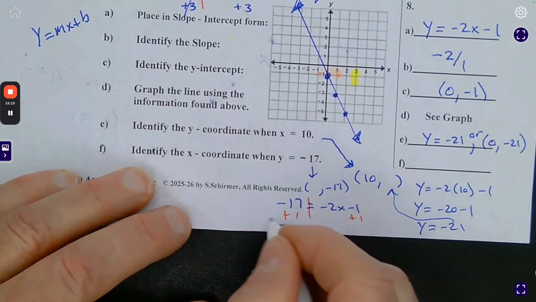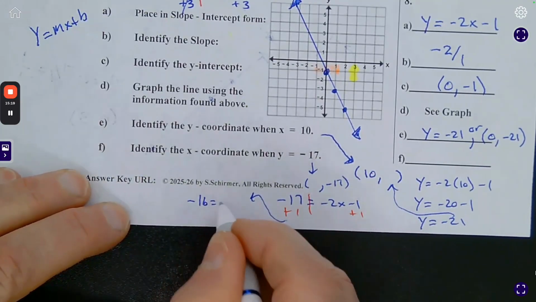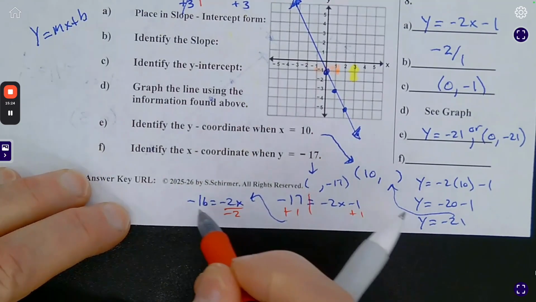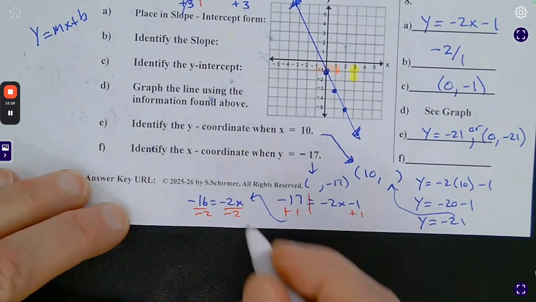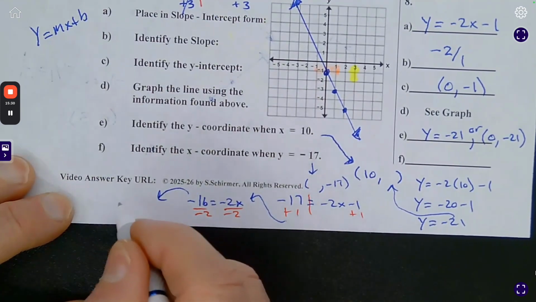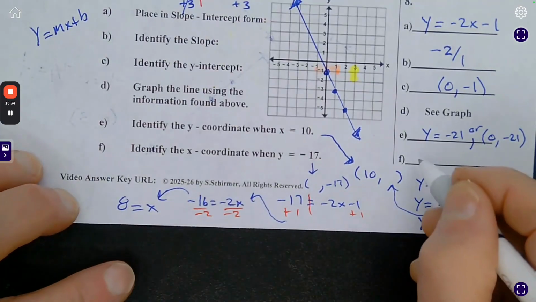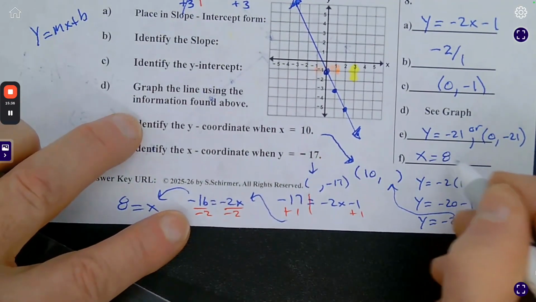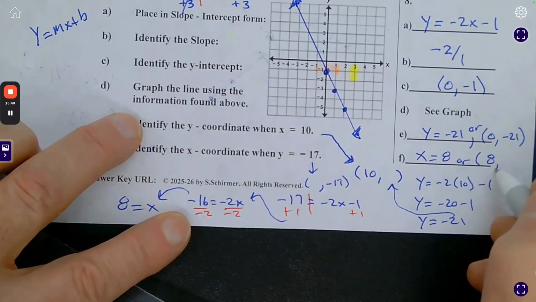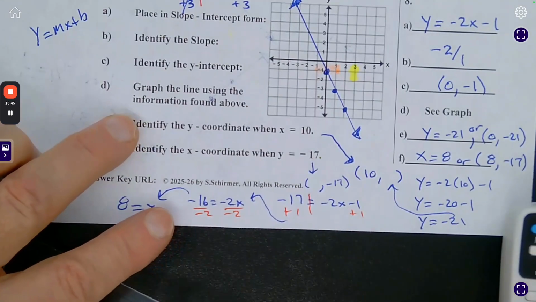All right, so that's negative 16 equals negative 2x. Divide by negative 2. The goal is to get 1x by itself. And then that's 8 equals x, but never write it like that. You're going to write it as x equals 8, or you can write it as an ordered pair, 8, comma, negative 17. All right, good job, everybody.